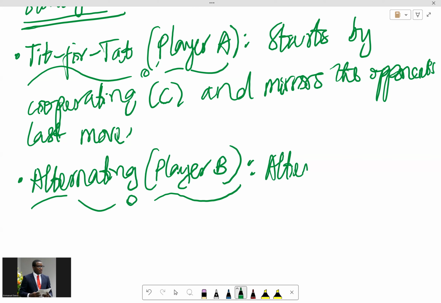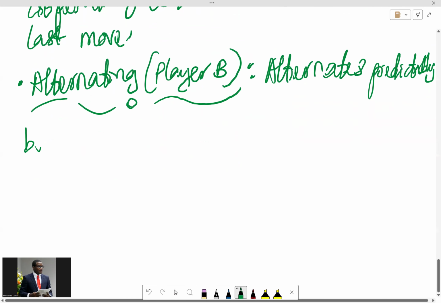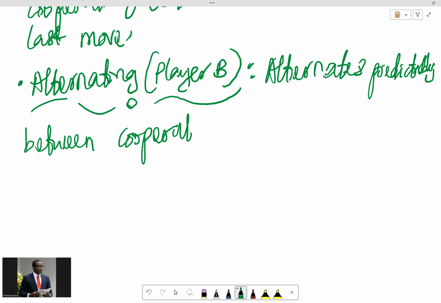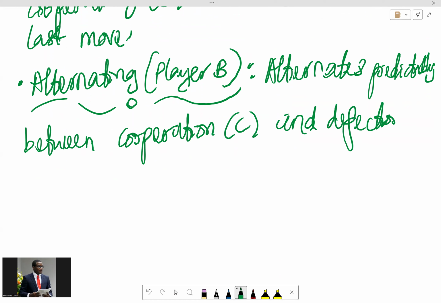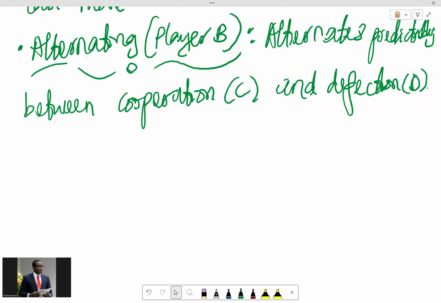Player B alternates predictably between cooperation and defection. So these are their strategies.